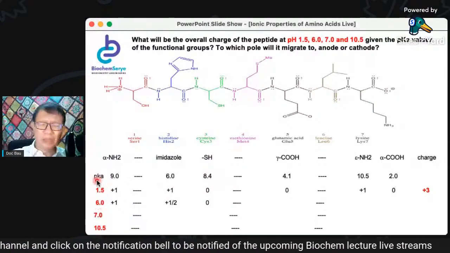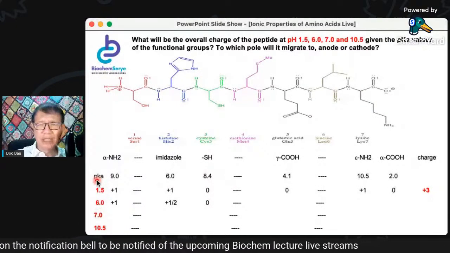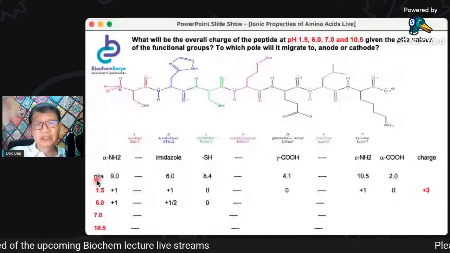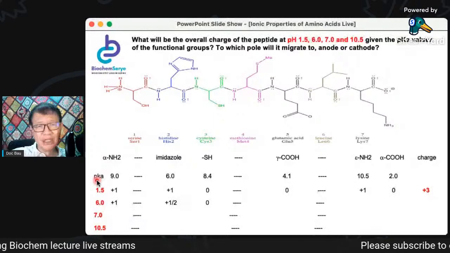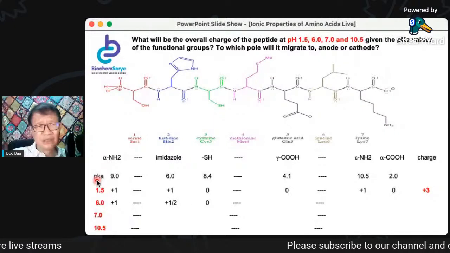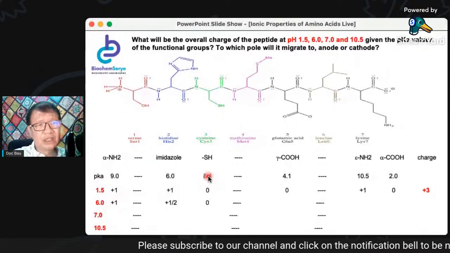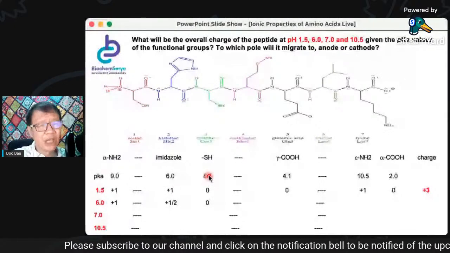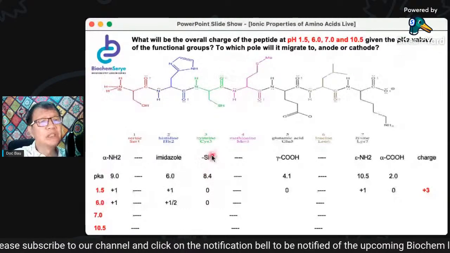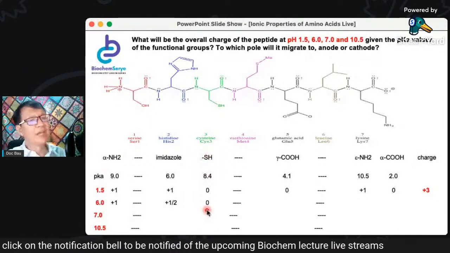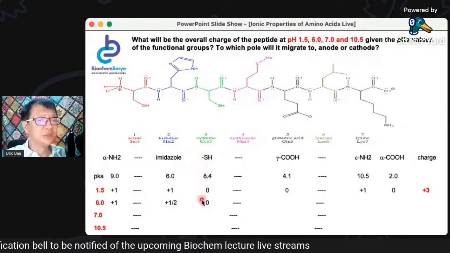Make the pKa your benchmark. The pKa is stable, it's constant. It is the pH that changes. So in this case, the pH is lower than 8.4, so relatively speaking you have a lot of hydrogen ion. Your sulfhydryl group is still protonated, undissociated, or unionized. So it's still SH, now it's neutral.